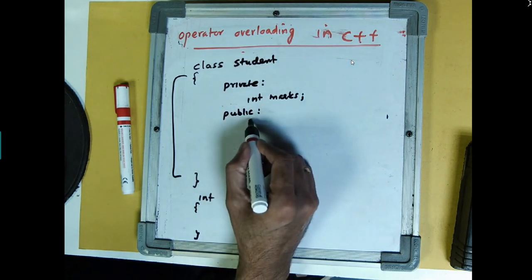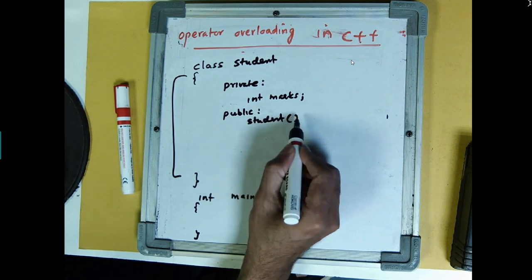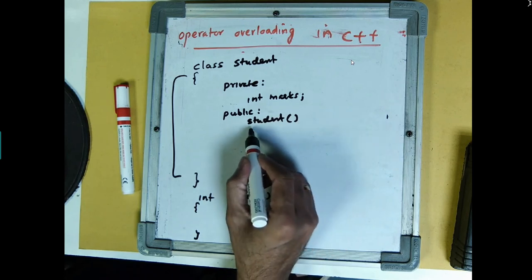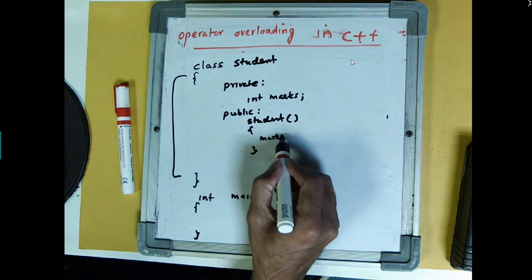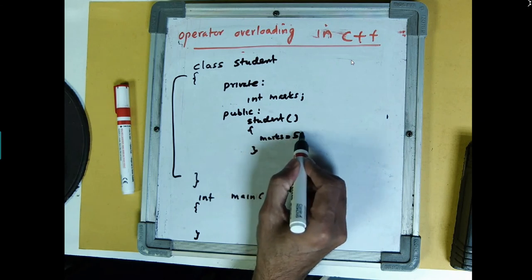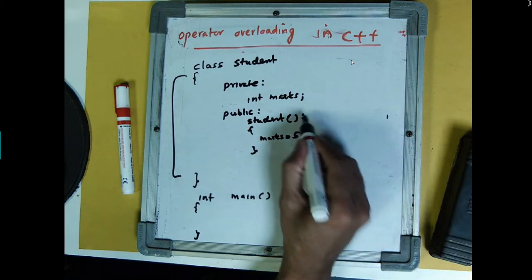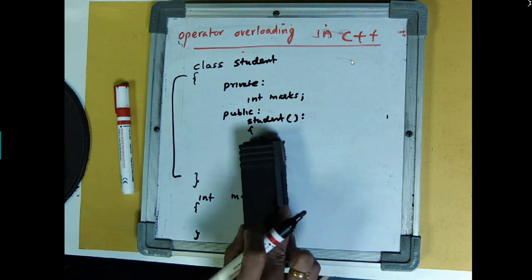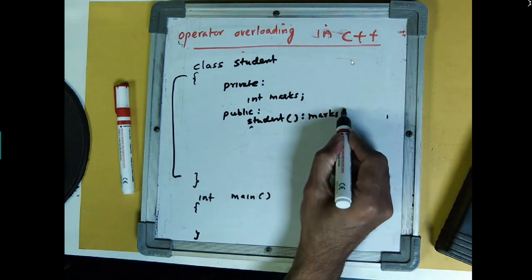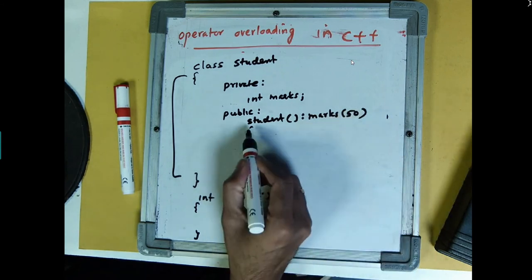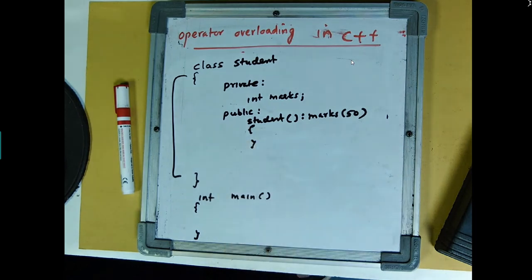Here you define the so-called default constructor. You can write marks is equal to 50 to initialize, or directly put a colon and write marks(50) to initialize. This is a constructor.